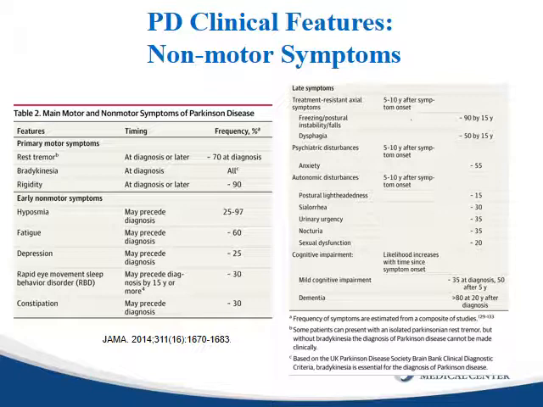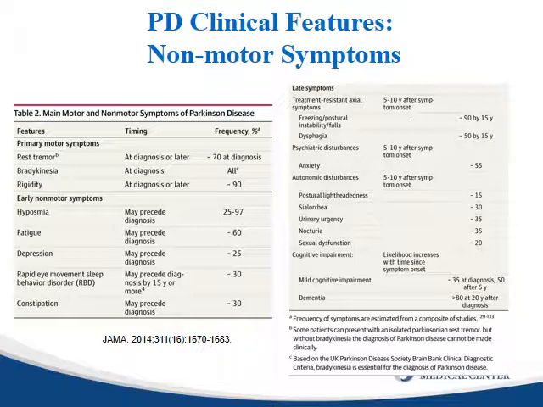Constipation, as we said earlier, is a prodromal symptom of Parkinson's disease and may precede diagnosis by as long as 10 to 15 years as well. In the later stage of Parkinson's disease, patients can develop other motor symptoms such as freezing, postural instability, falls, and dysphagia, difficulty swallowing.